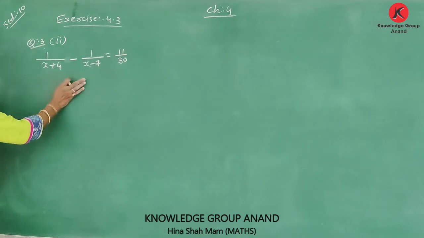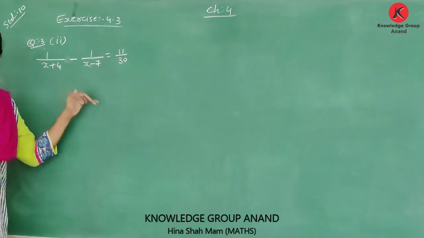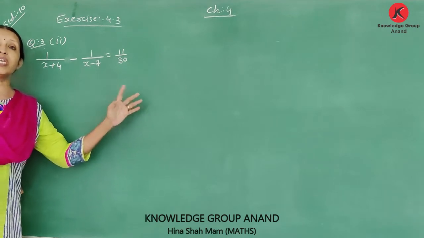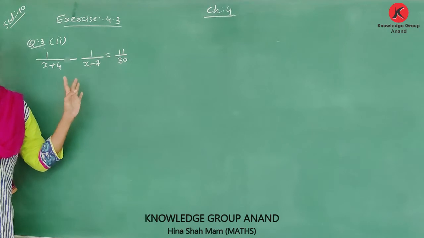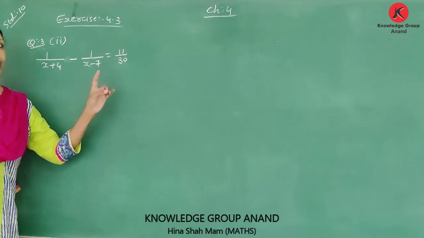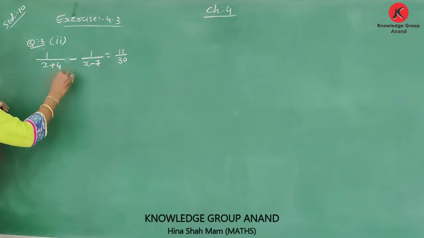First we simplify the equation, then we get the equation in the form of ax square plus bx plus c equals to 0. Then we find our roots. Find the roots of the equation using the quadratic formula.